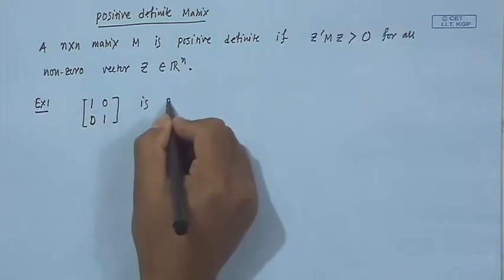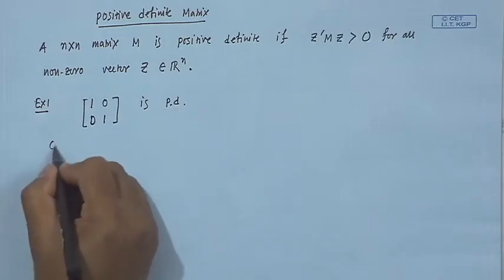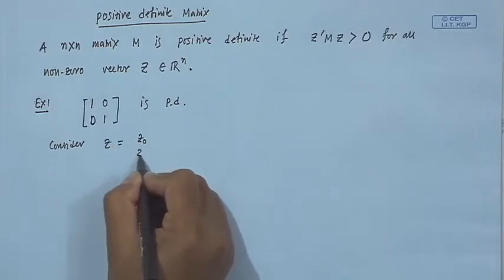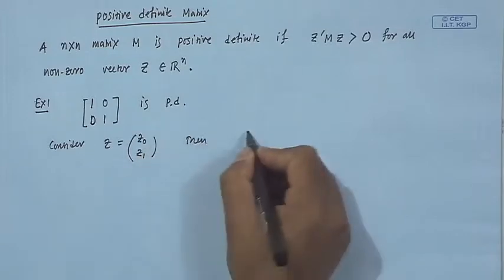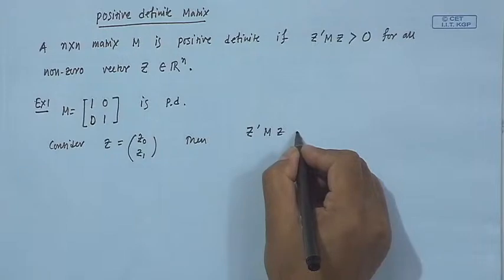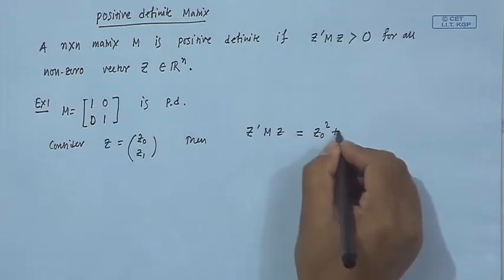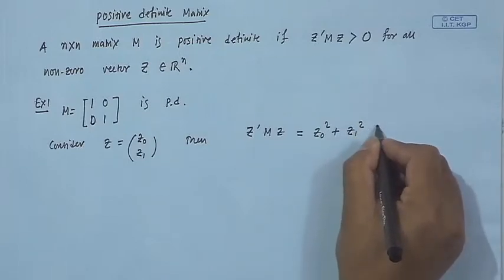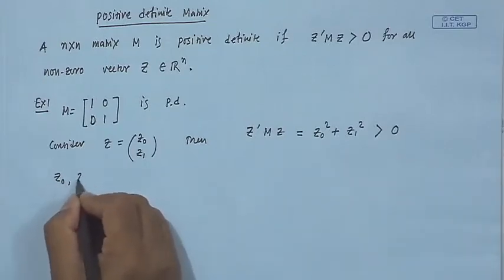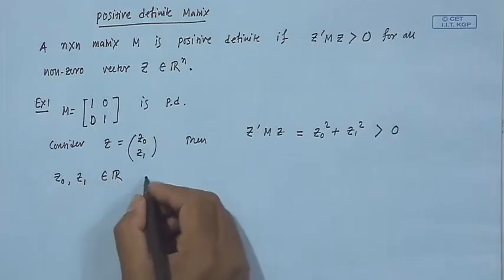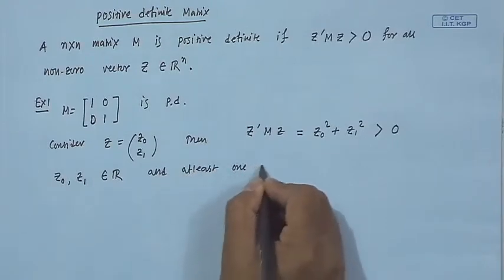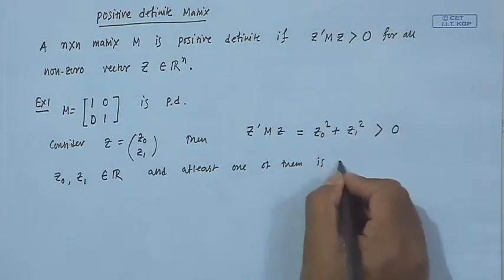This matrix is positive definite because if you consider Z equal to say Z naught, Z 1, then Z prime M Z, calling this matrix M, equals Z naught square plus Z 1 square, and this is strictly greater than 0 because Z naught and Z 1 are real, and at least one of them is non-zero.